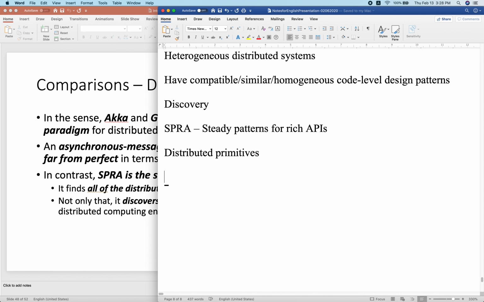Distributed primitives contain not only some APIs, but also some design patterns. So that means distributed primitives can form the cell, the minimal component of the system.